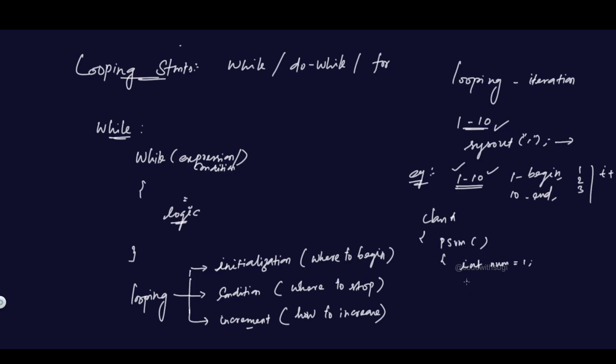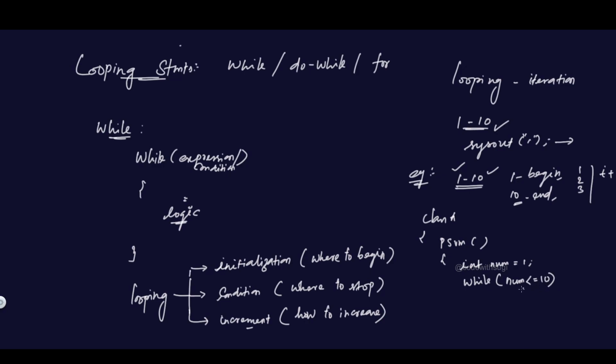Then we have to write the while condition. This condition says till where we need to go: 10. If we need to go up to 10, then the number should be less than or equal to 10, right?